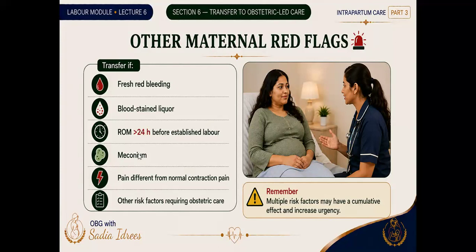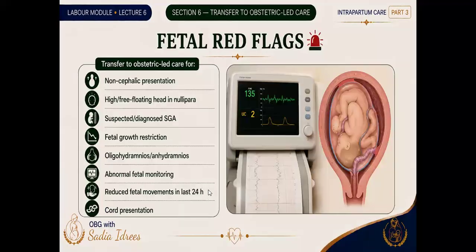Think about pathological causes and reassess urgently. Finally, there may be other maternal or obstetric risk factors requiring obstetric involvement. And remember this box on the slide: risk factors can have a cumulative effect. So one borderline finding may not tell the whole story. Several concerns occurring together can significantly increase the risk and therefore increase the urgency of transfer.